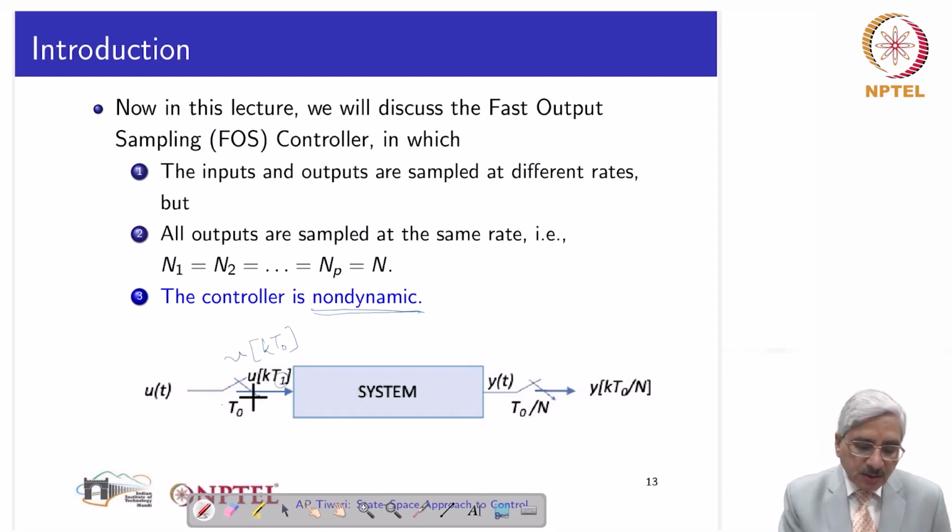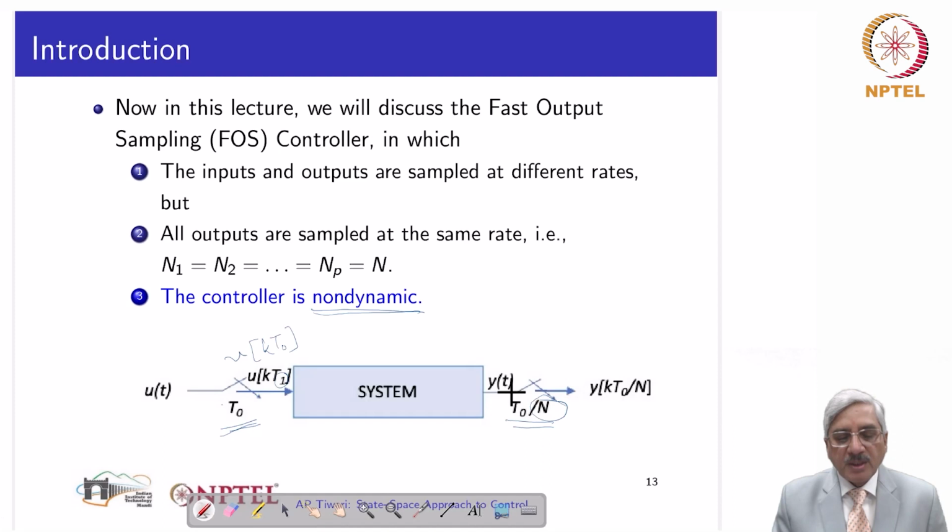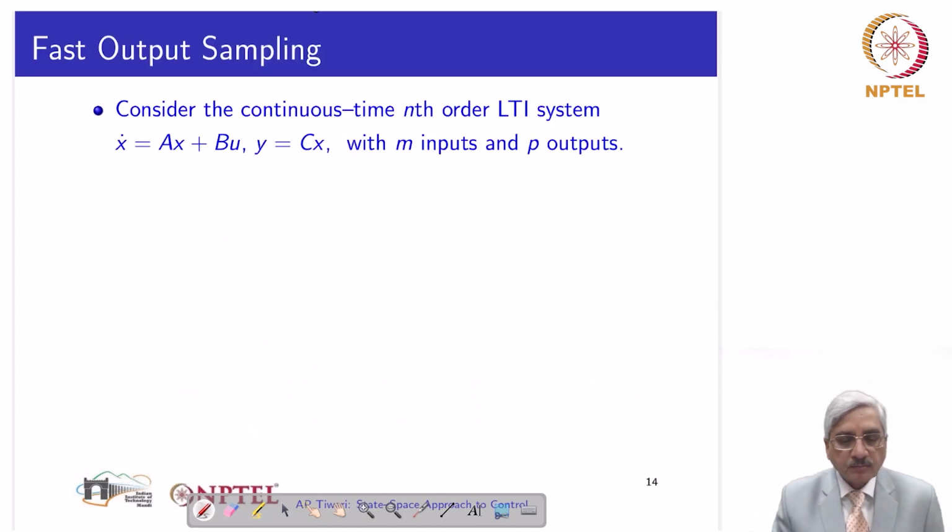So on the input side, the switch is closed at regular intervals of T0, and on this side the switch is closed at regular intervals of T0 by n, or the sampling period on this side is T0 by n, so smaller compared to T0. And this n is of course chosen depending upon the type of design we want. We will see about it.